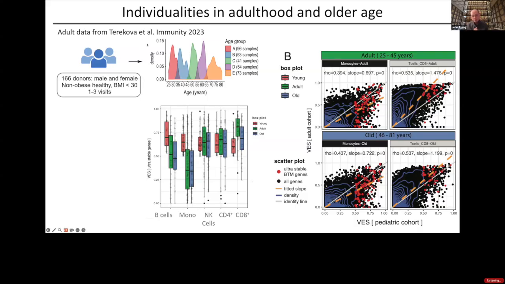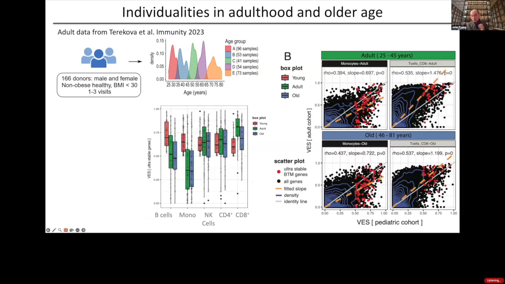We took advantage of this public data set and asked that question. We saw that the intersubject variability actually drops in monocytes and B cells when you look at these adult cohorts. But what's interesting is that in these NK, CD8, and CD4 cells, they remain highly variable across subjects. In other words, their stability may be maintained all the way into older ages.